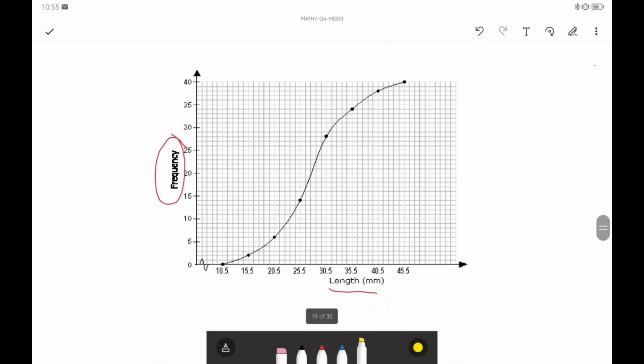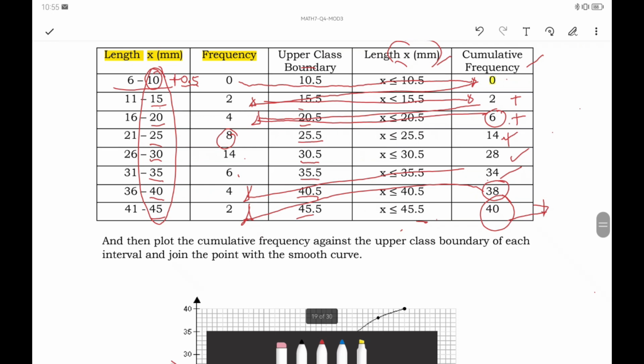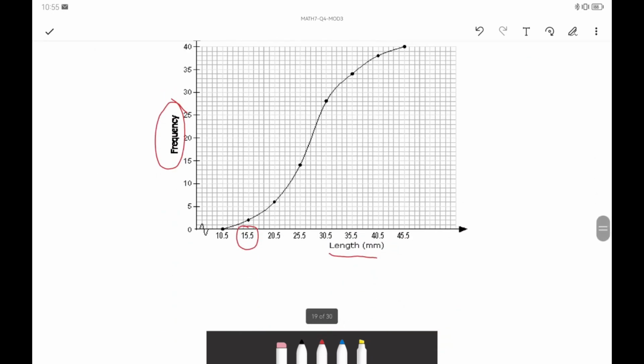The next one is 15.5. At 15.5 and above, it occurs twice, so it is at 2. This is 1, this is 2. That is 2. Then 20.5 occurs 6 times, so this is 6.